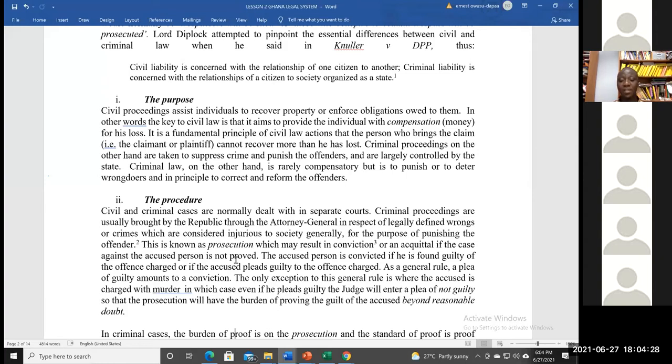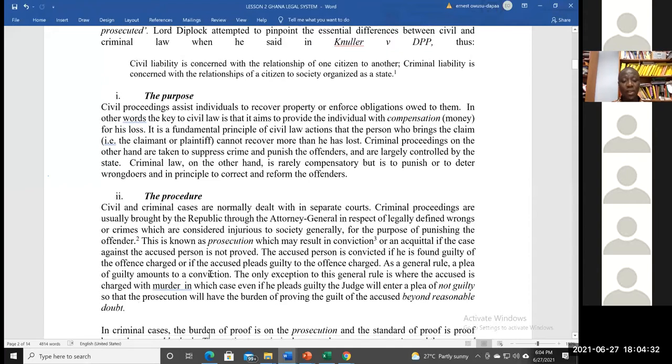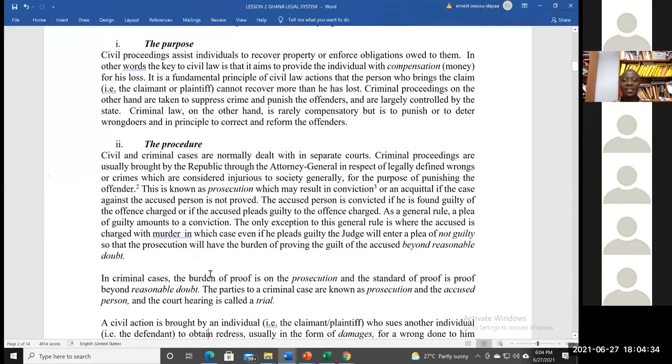So again, in terms of procedure, we have to pay attention to the burden of proof and the standard of proof. In a criminal case, the standard of proof is proving the guilt of the accused beyond reasonable doubt.